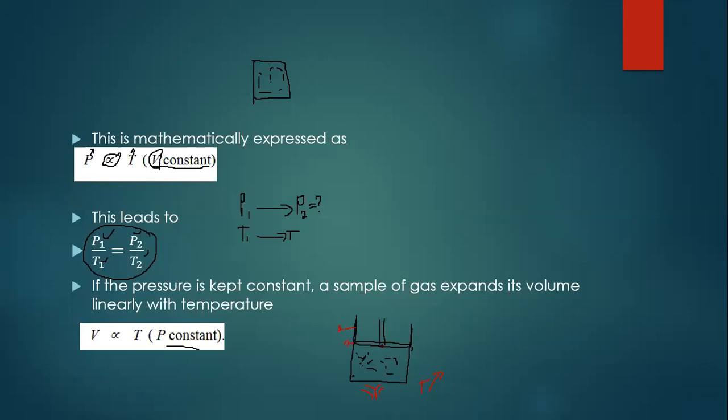This stroke will be moved upward by an introduction of heat. So when we keep pressure constant, we allow this stroke to be freely movable, so that when we introduce heat, this stroke can move freely upward or downward. If we remove heat, it will move downward like that.